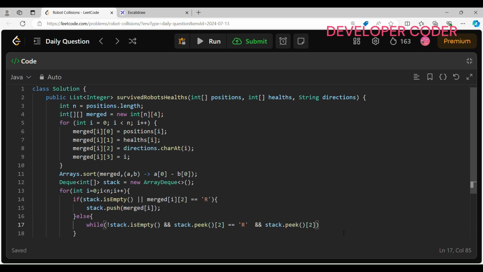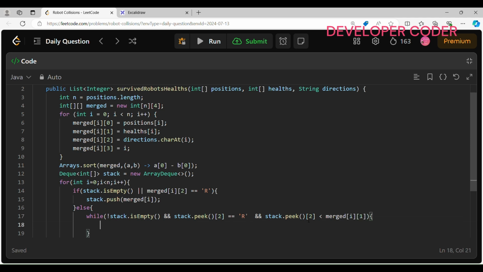If this value is less than merged of I and 1, I'm just checking the health. If the health of this element is smaller than the new element, then I'm going to remove the topmost element from the stack.